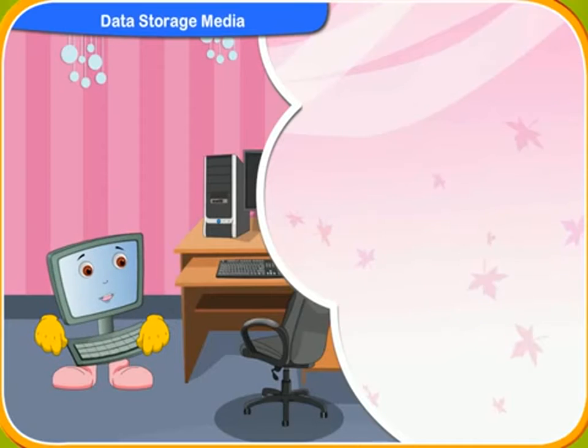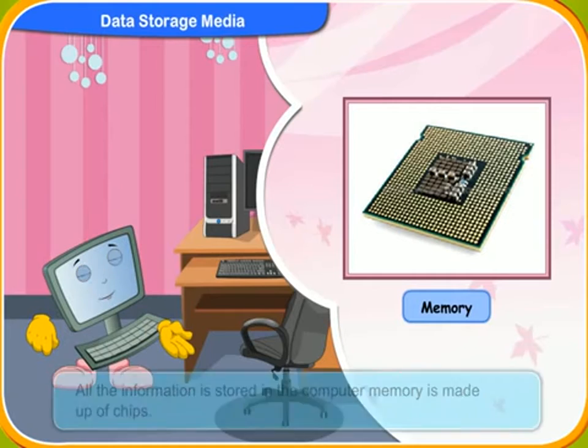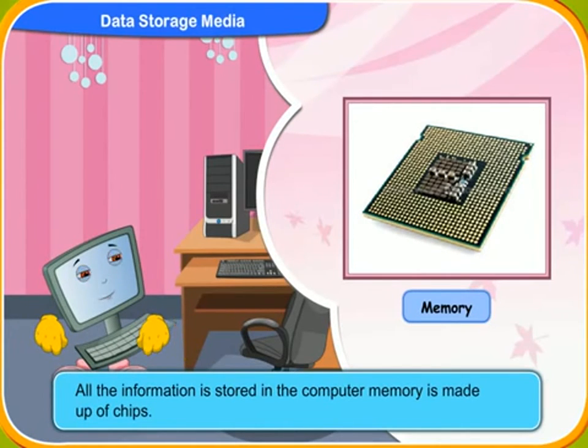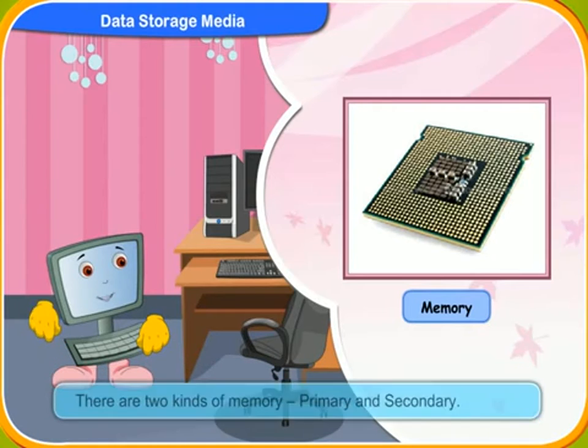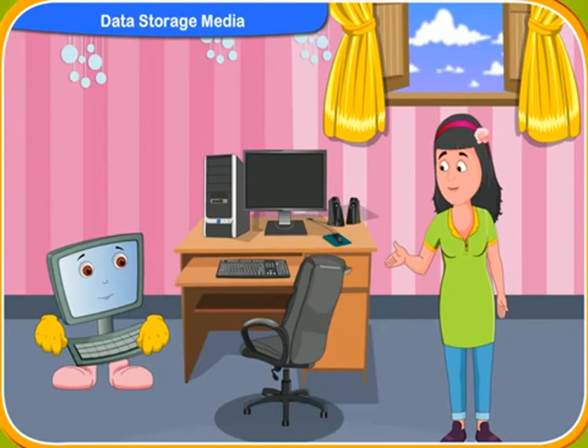Let us now look at the memory of a computer. As you already know by now, the computer stores all the work done on it. All the information stored in the computer memory is made up of chips. There are 2 kinds of memory, primary and secondary. Yes, I know.